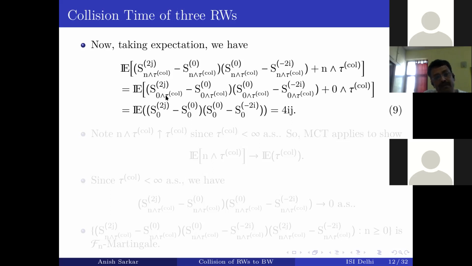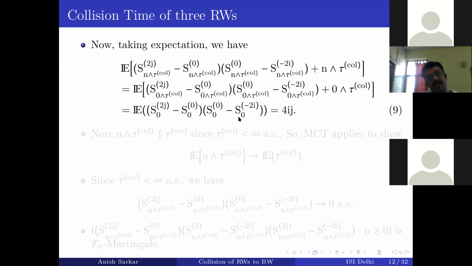So 0 minimum 0, that is always 0. So this becomes 0. This is also 0. This is S0 2j, S0 j. This one becomes S0 0, and this becomes S0 minus 2i. And this is 0, 0 minimum whatever non-negative value, that is 0.